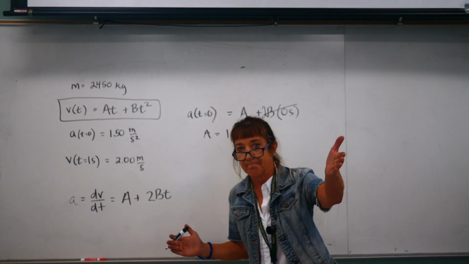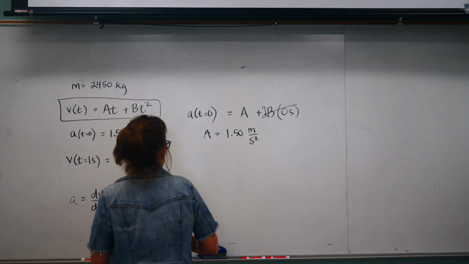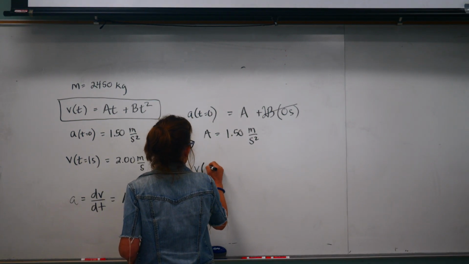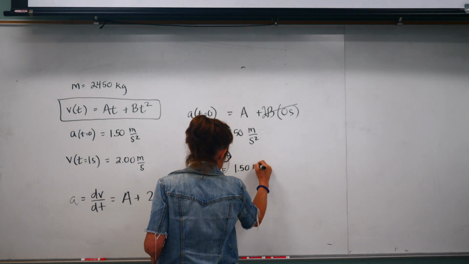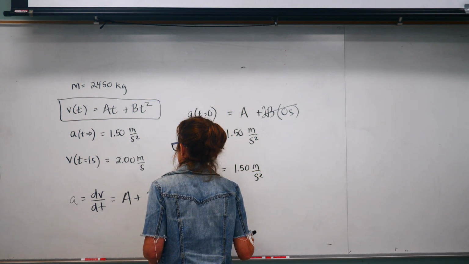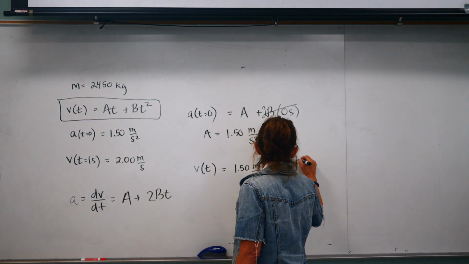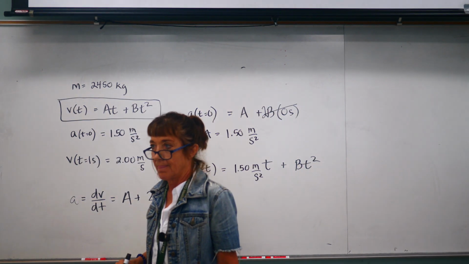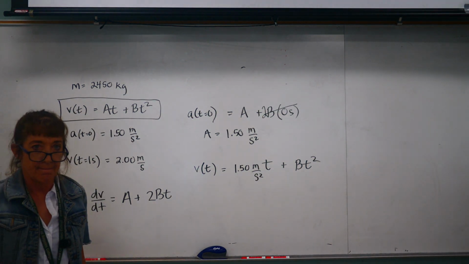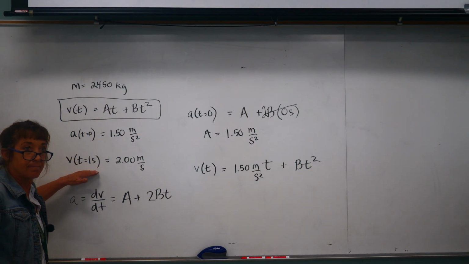Clear, Brianna? Good. Now I know this, so I know v of t equals 1.50 meters per second squared times t plus B times t squared. And I know v of t at 1 second.